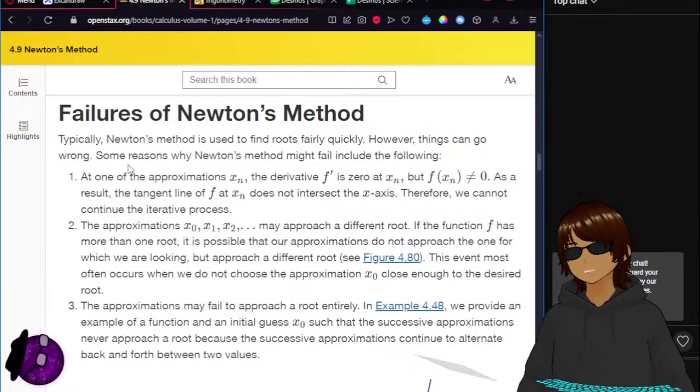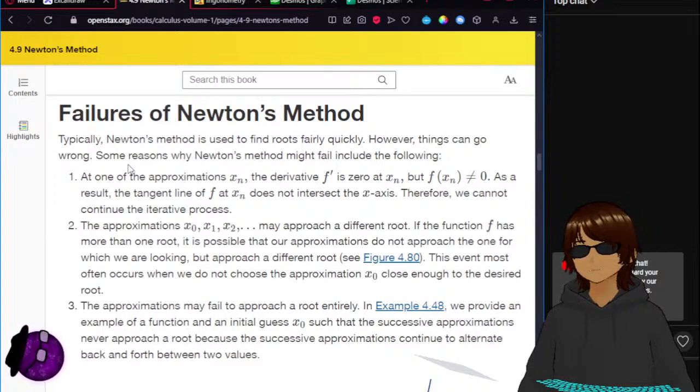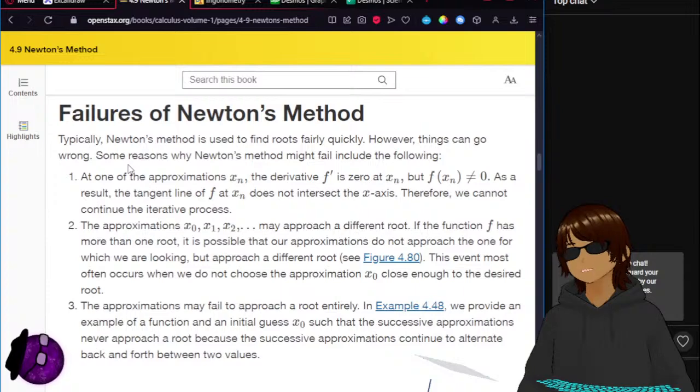At one of the approximations xn, the derivative of f is 0 at xn, but f of xn is not 0. As a result, the tangent line of f at xn does not intersect the x-axis. Therefore, we cannot continue the iterative process. I guess we can shift a little bit forward or backward.